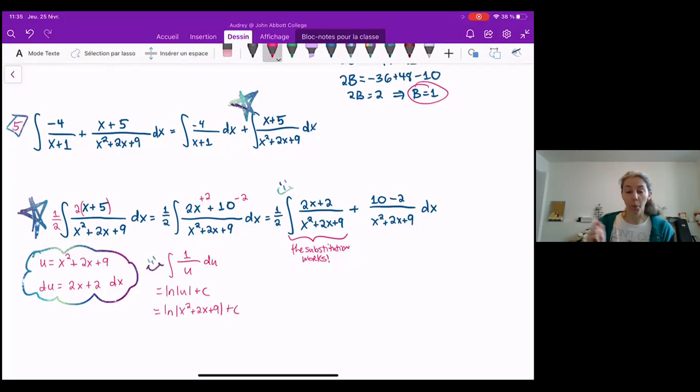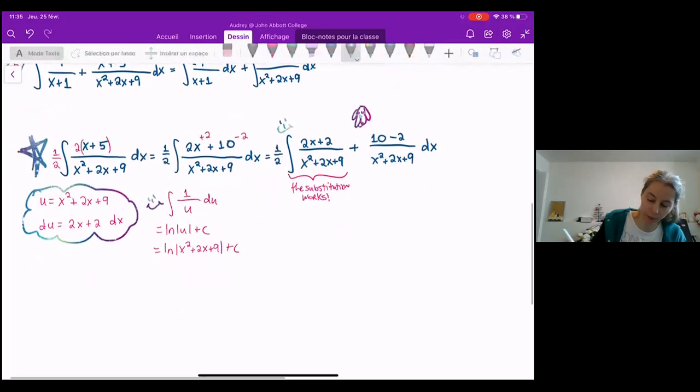Okay, so we just finished smiley face. Now let's call this one puppy, and go down here and do puppy. With puppy, I actually have the integral of 8 over x squared plus 2x plus 9.